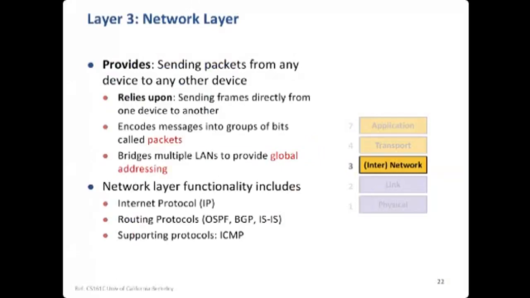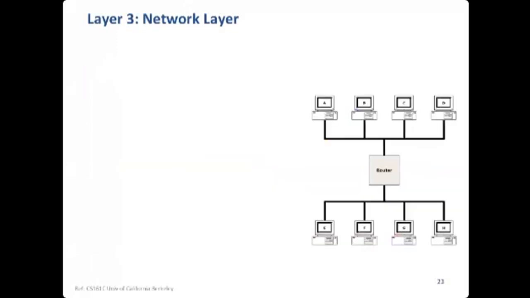So these are the three things of network layer functionality. Look at the last bullet point: network layer functionality includes internet protocol, routing protocols, and supporting protocols.